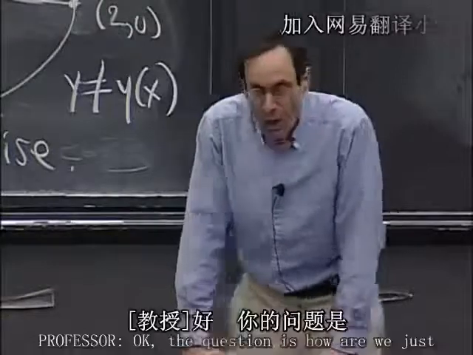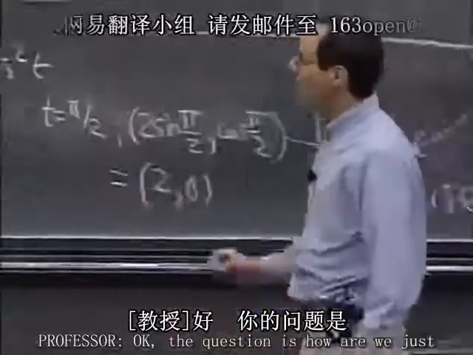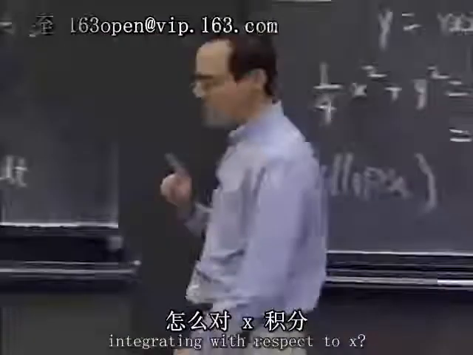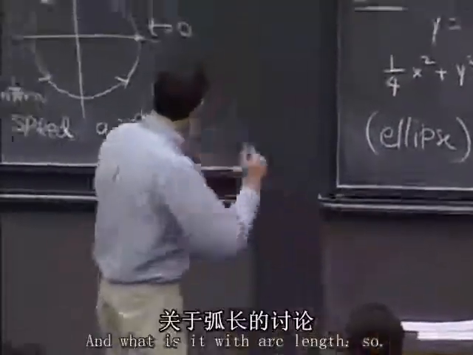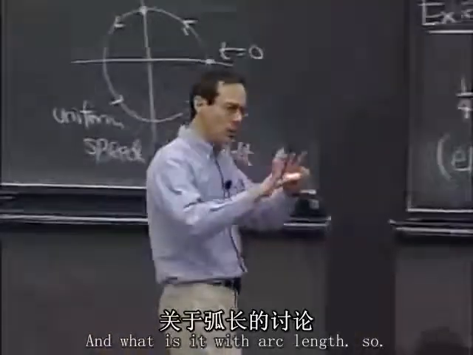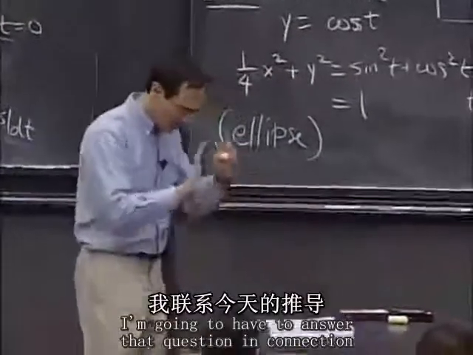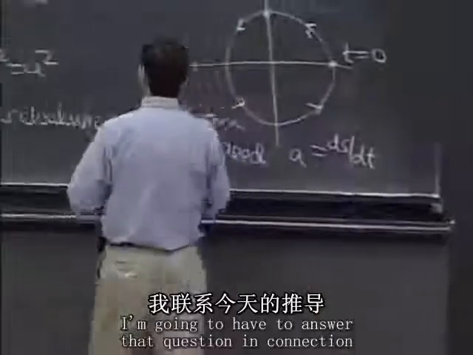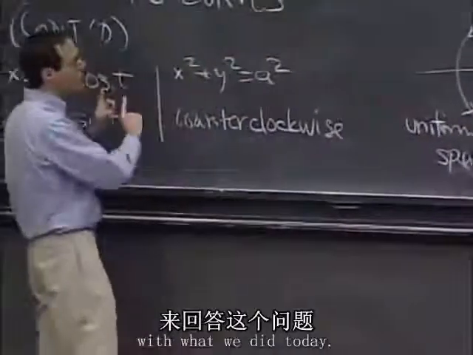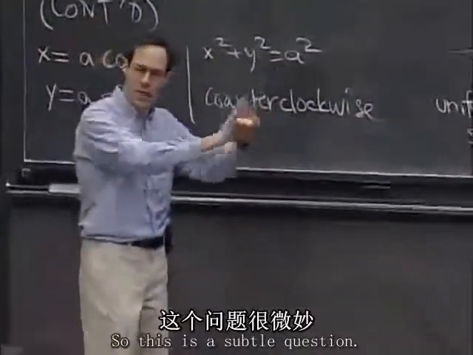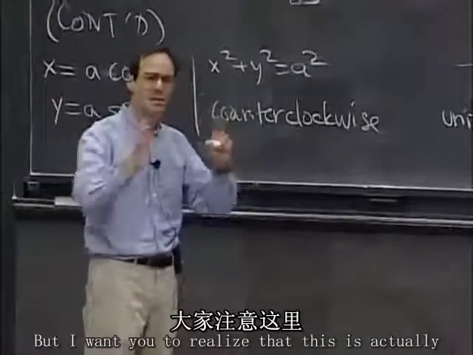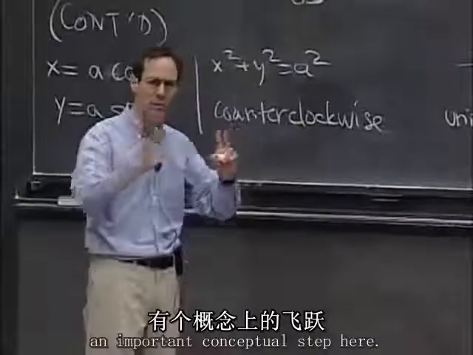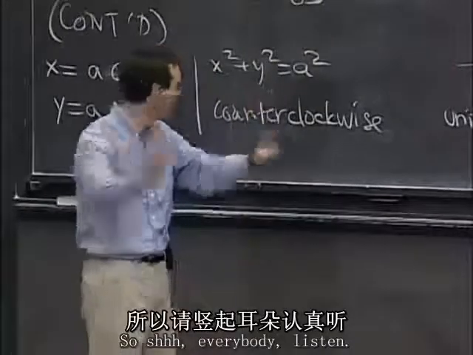The question is, how are we just integrating with respect to x? This goes back to last time. I'm going to have to answer it in connection with what we did today. This is a subtle question, but an important conceptual step here. So everybody listen.